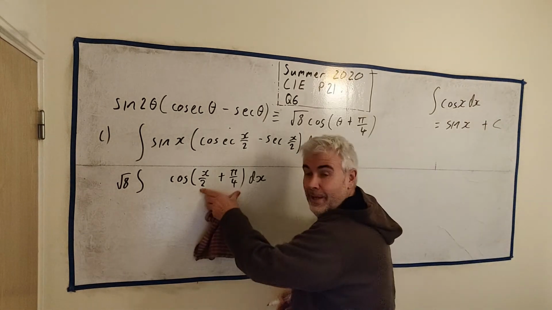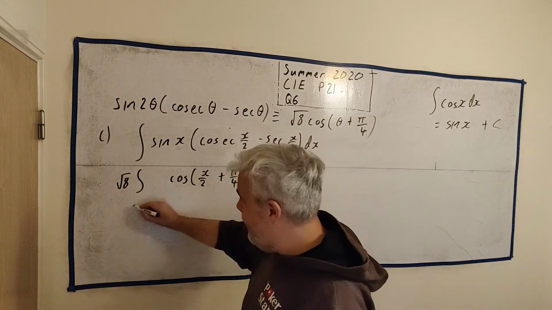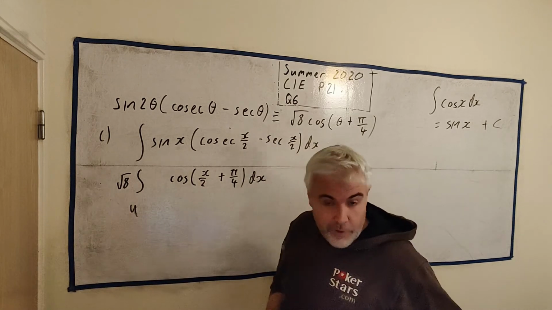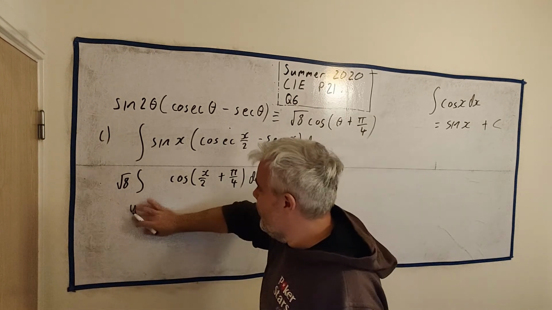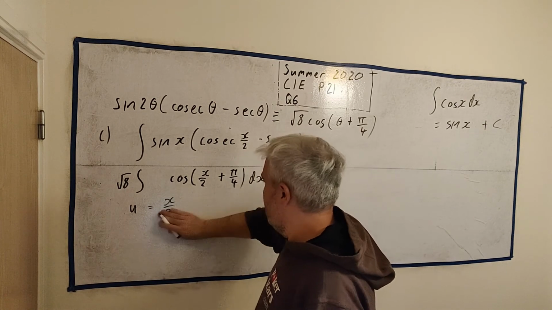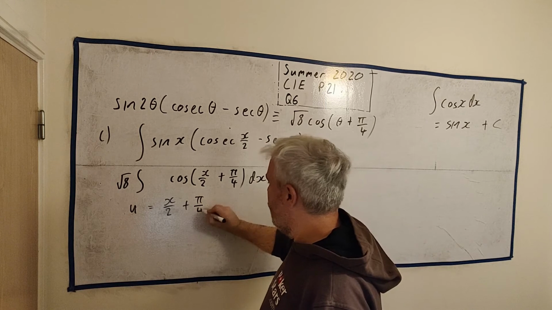So the only thing making this difficult is this bracket here. So let's cheat again, and we'll put u. It's just the letter we often use for this substitution. u is equal to x over 2 plus pi over 4.